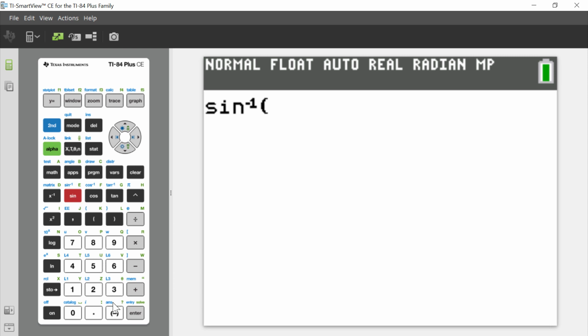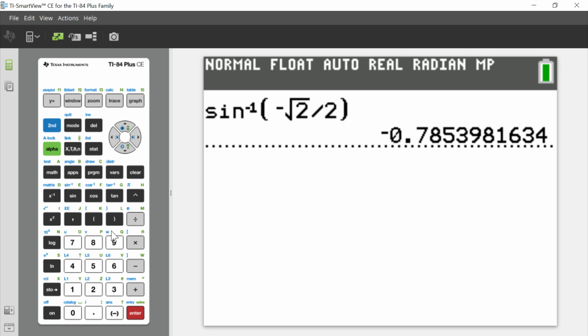So now we will hit the negative key, then the square root key, then type 2. I'm going to hit my right arrow to get out from underneath the root, and then I'm going to divide by 2 and hit my right paren. Now when I hit enter, I'm going to get a decimal value in radians of -0.7853981634.